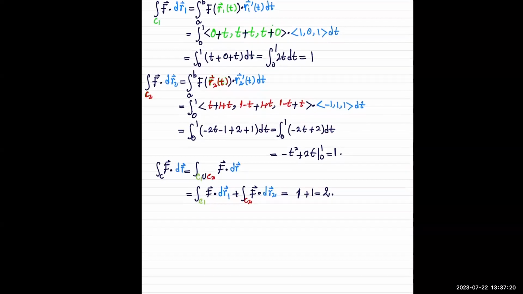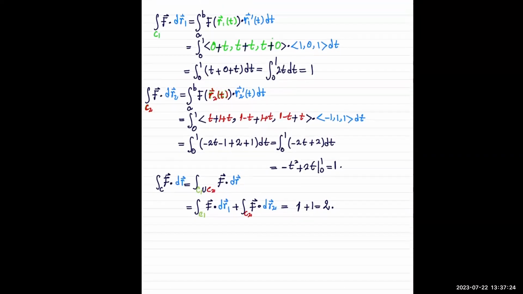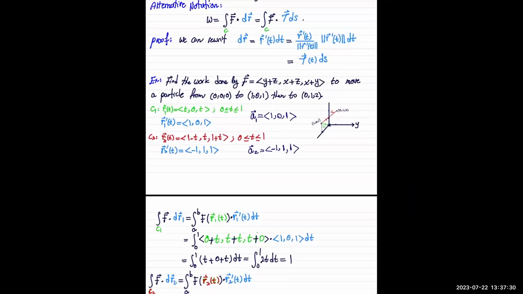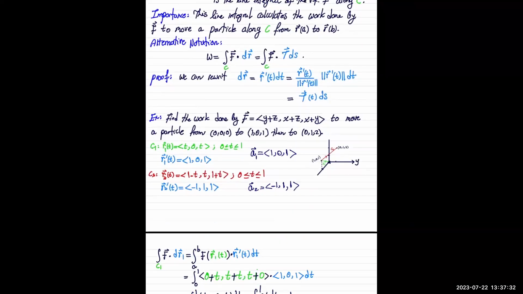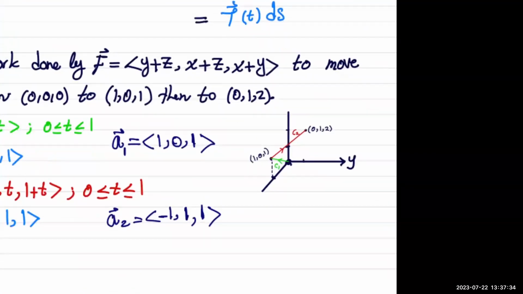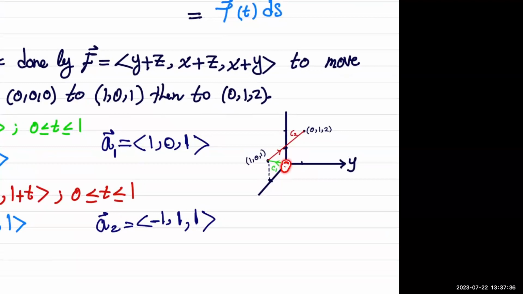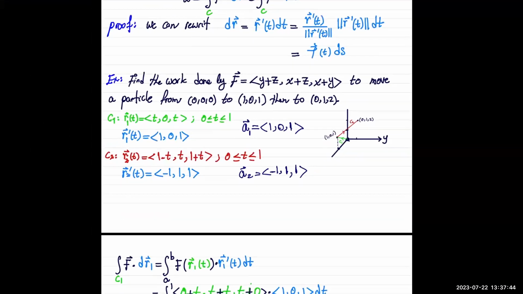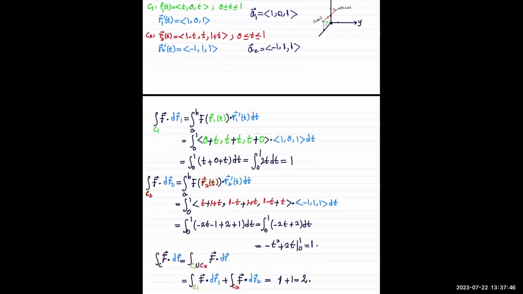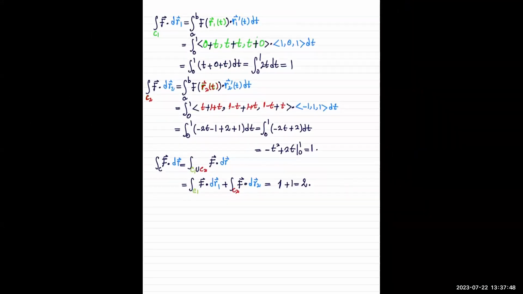So the total of the two line integrals: you want to know how much work is done in total to go from the origin to the final point, going through these two paths. That is just the sum of the two line integrals.